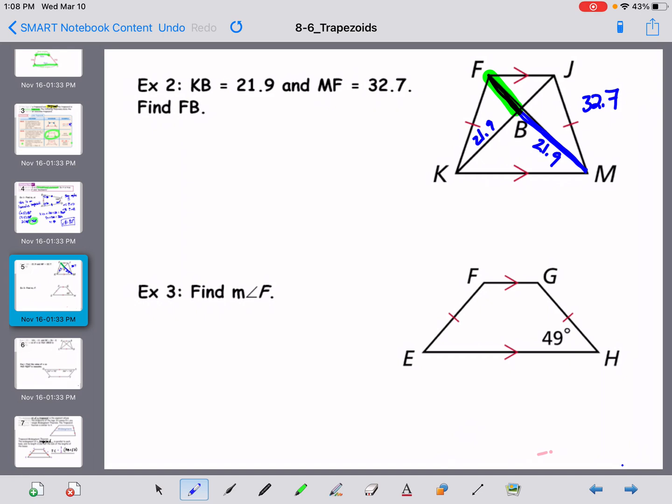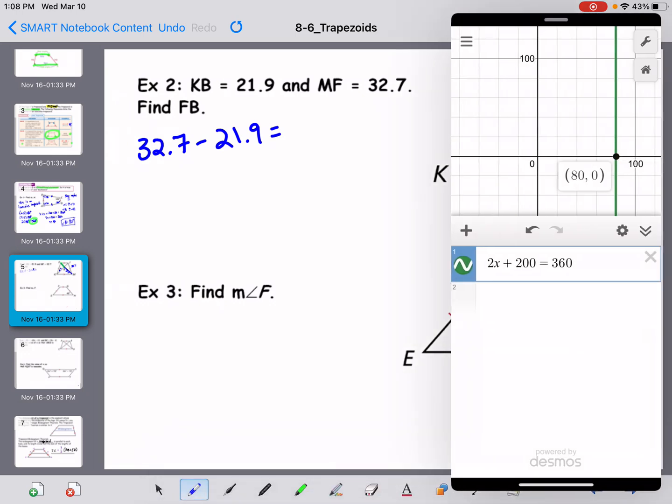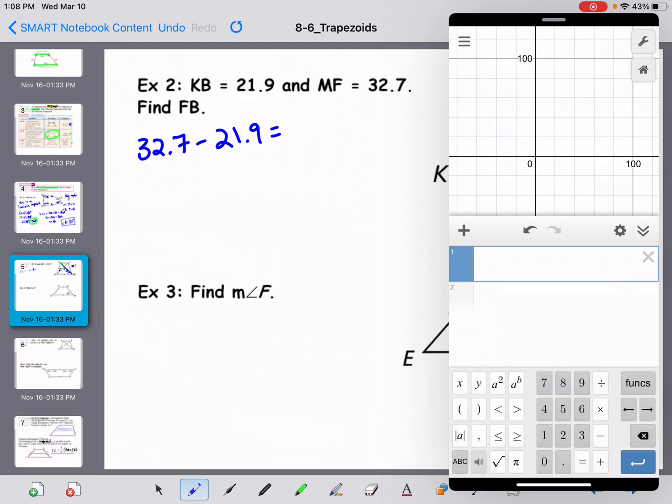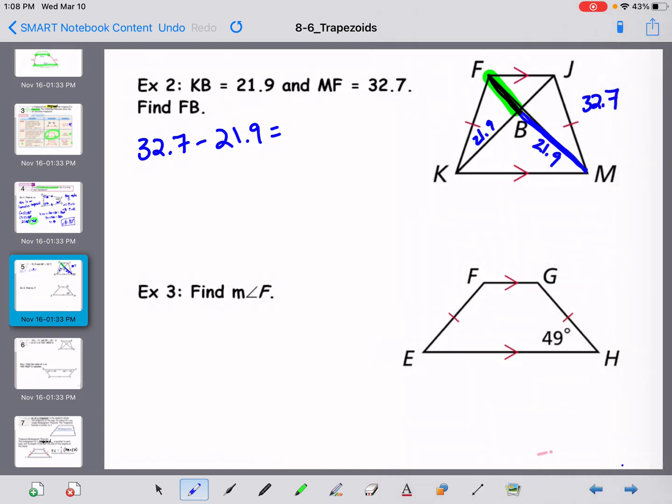And so that means if the whole piece is 32.7 and I subtract that BM piece from it, which is 21.9, that's going to give me FB. So 32.7 subtract 21.9 is 10.8.